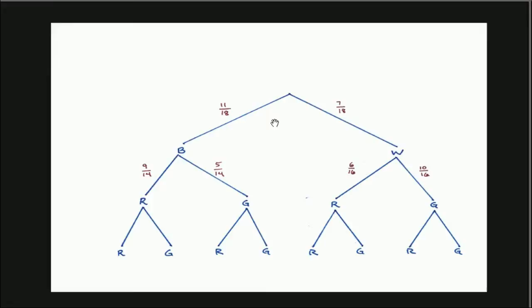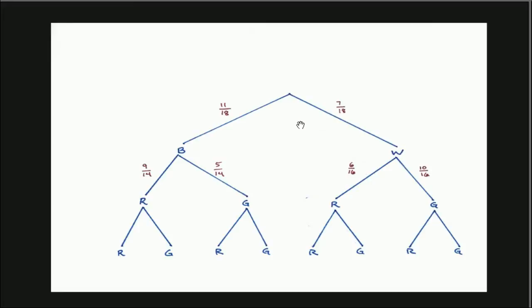Then for our first draw, if we drew a black ball, so that we come down to this node, we had 9 red balls and 5 green balls in urn B. So the probability of drawing a red ball on the first draw is 9 out of 14, and the probability of drawing a green ball is 5 out of 14.